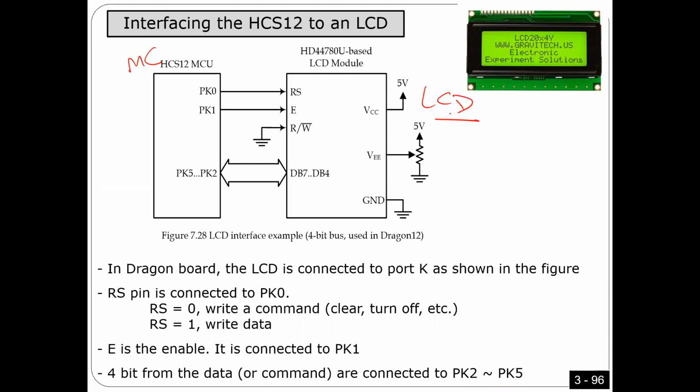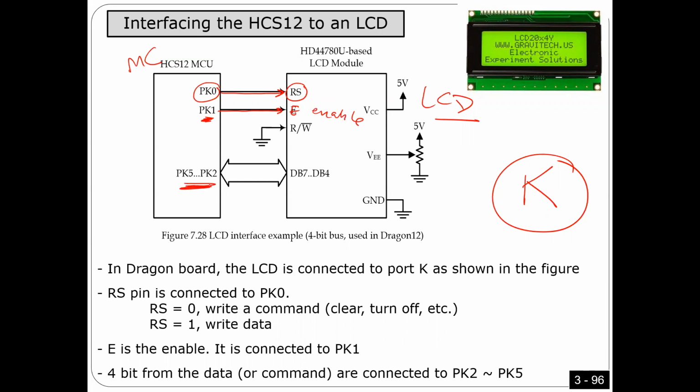It is connected this way where we use port K. We have PK0, port K pin number 0, connected to something we call RS. I'm going to tell you what this is. Also, we have PK1, which is connected to E. E stands for enable. Also, you will understand how this is important.